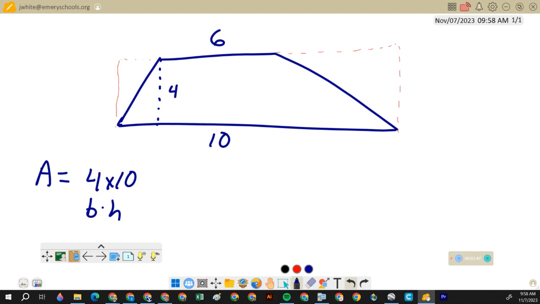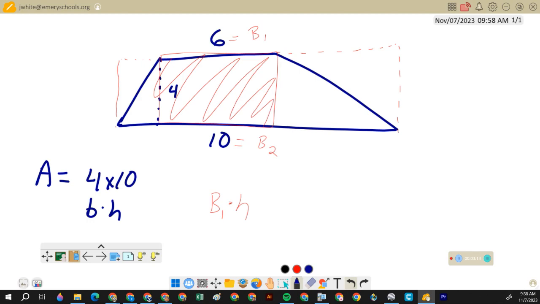Well, I do have a rectangle inside there, right? So I'm going to call this base 2 because this is the bigger one. And I'm going to call this base 1 because it's the smaller one. So part of the area is simply base 1 times the height. And that would give me this. Right?